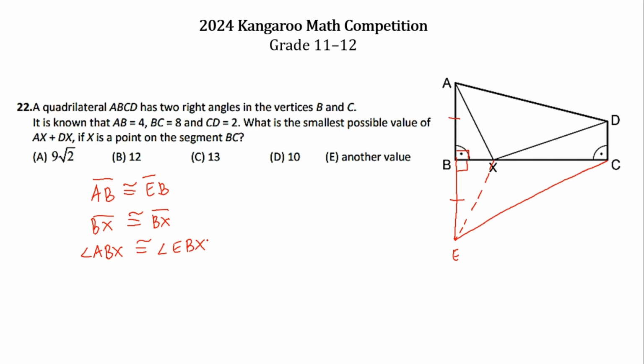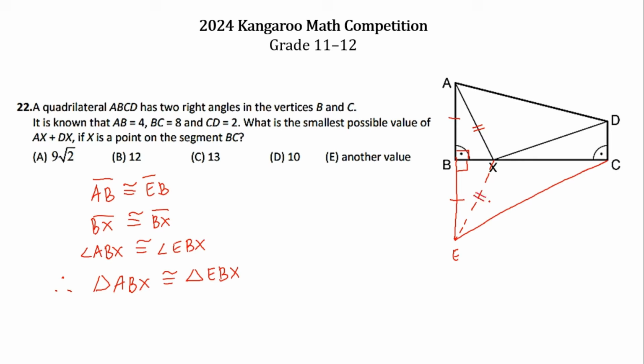And so by SAS congruence theorem, triangle ABX must be congruent to triangle EBX. Right? If the two triangles are congruent, then their corresponding parts are congruent as well. So AX must be congruent to EX, right?